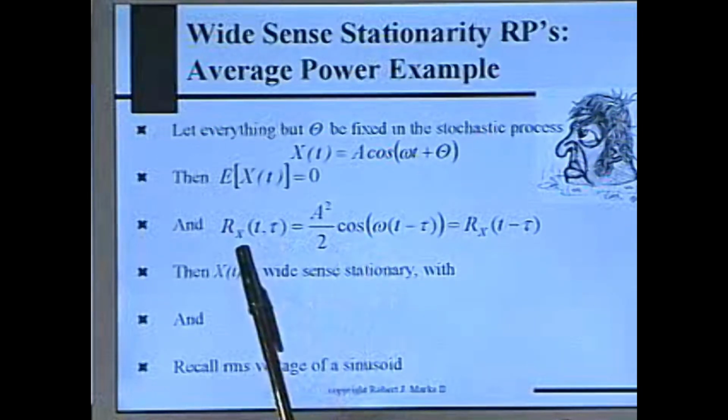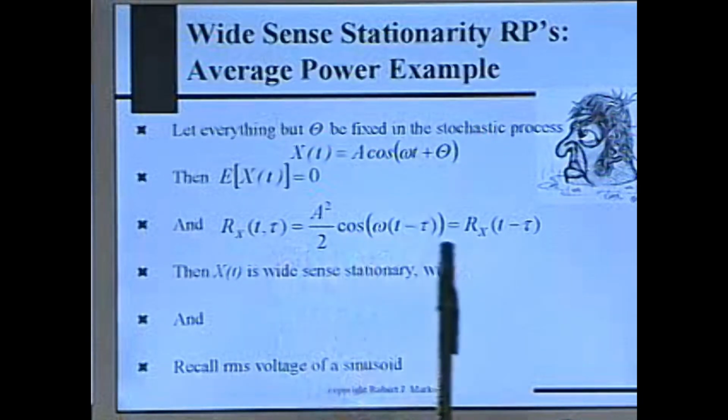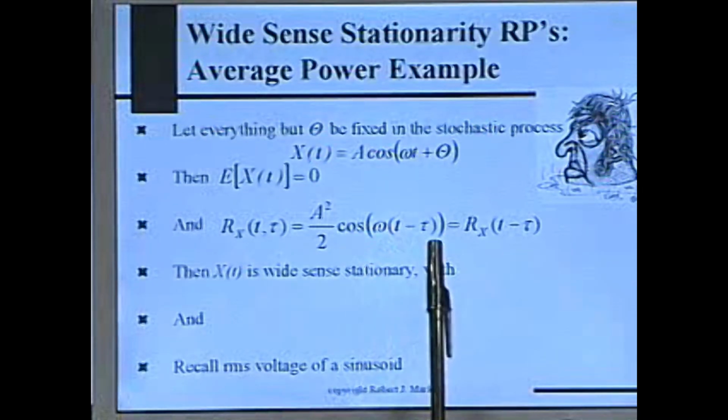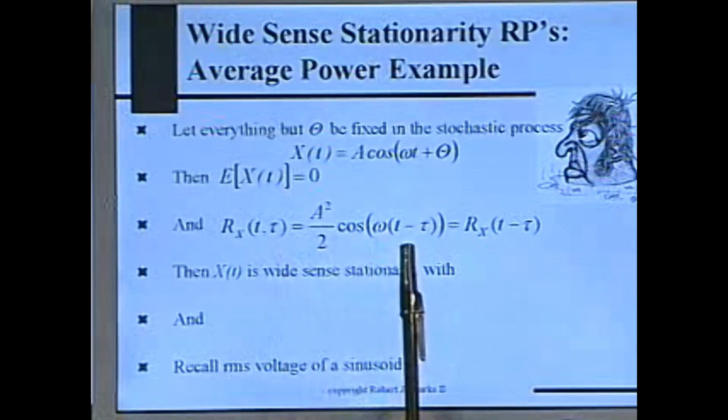Now, you notice something about this autocorrelation that we generated before. We didn't talk about it then, but now we see, the autocorrelation is only a function of t minus tau, isn't it? Every place there's a t, there's a minus tau. So the autocorrelation function is just a function of t minus tau. This is a wide-sense stationary stochastic process.